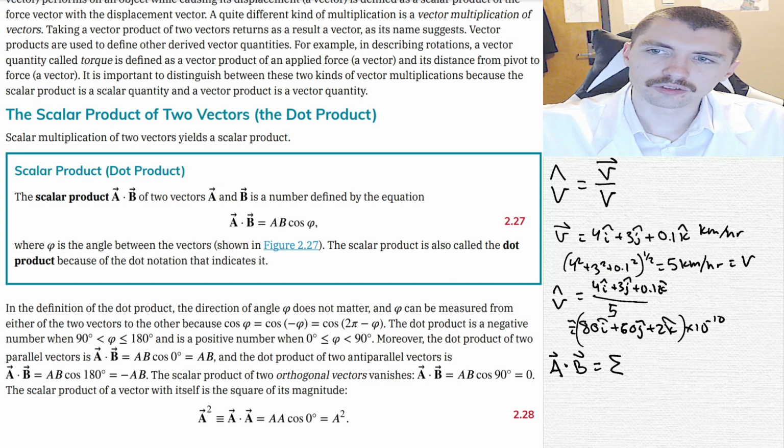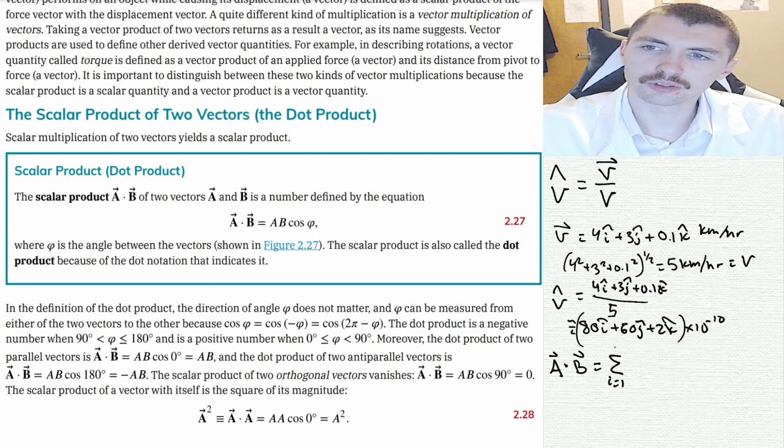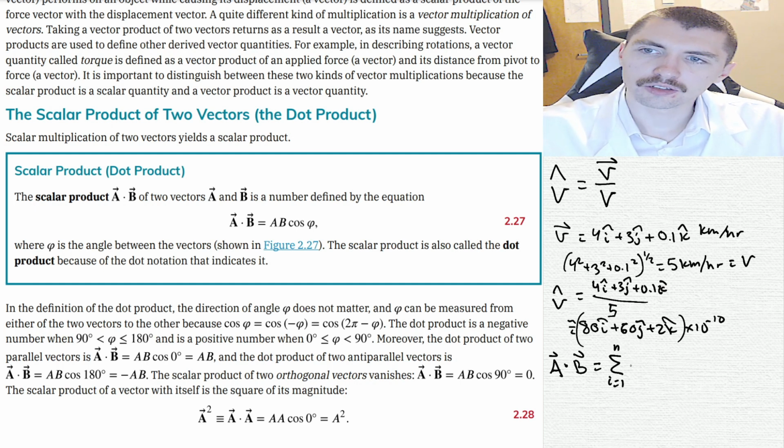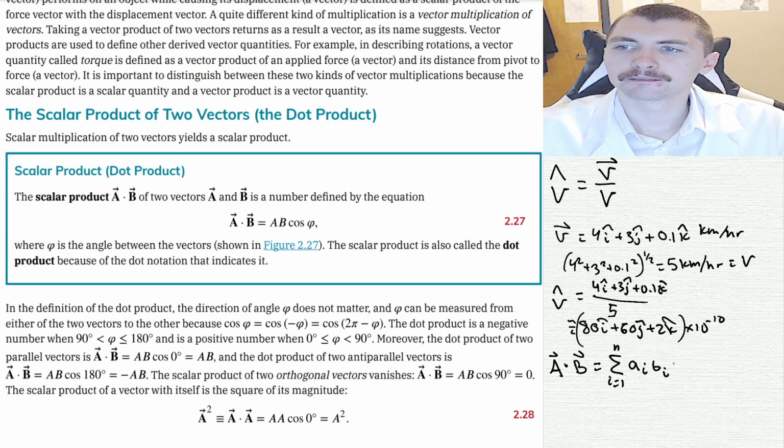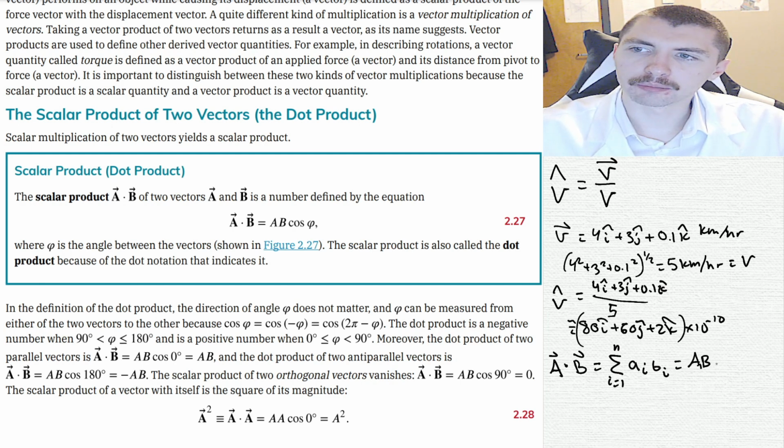A dot B equals the sum from i equals 1 to n of A_i times B_i, which is the magnitudes of A times B cosine phi.